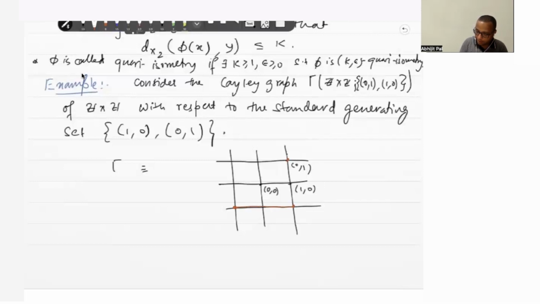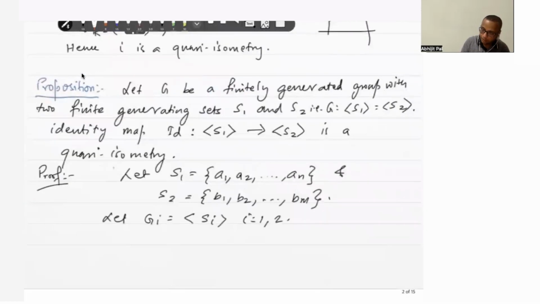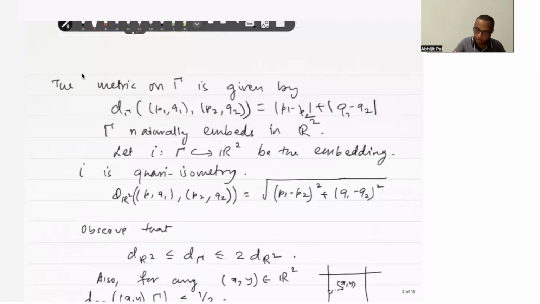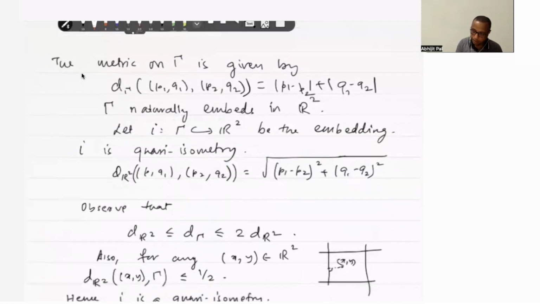So this horizontal length, plus if you take this vertical path and take the length of this vertical path, so this vertical length, and if you add these two things, you'll get the distance between these 2 points. So that is the metric on this gamma.